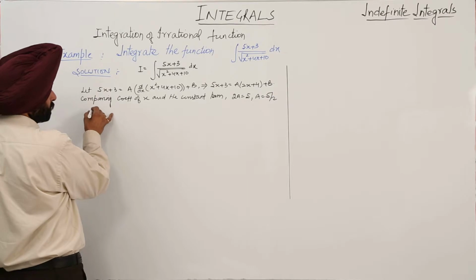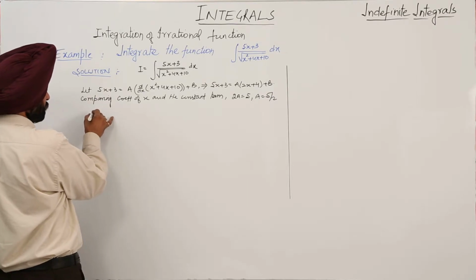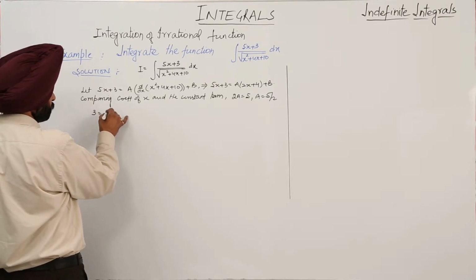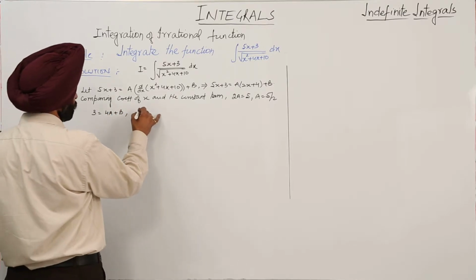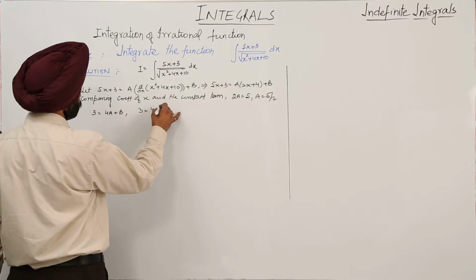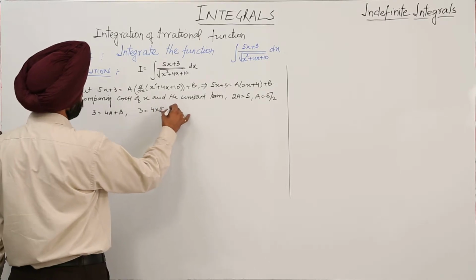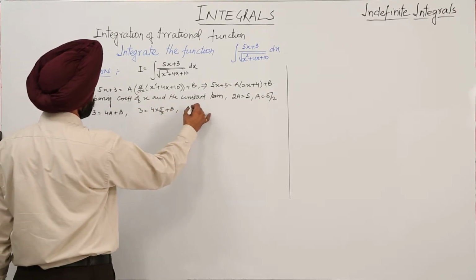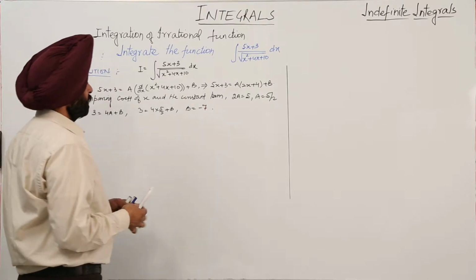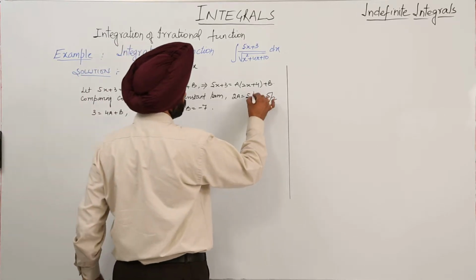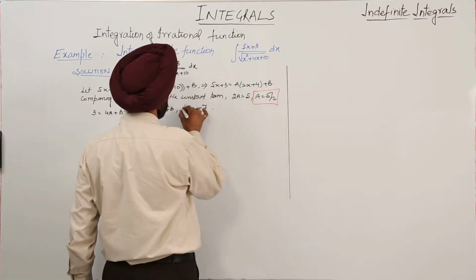Then we are having 3 is equal to 4a + b, 3 is equal to 4 with 5 by 2 plus b. Now b is equal to negative of 7. Now we are having two values, a and b.